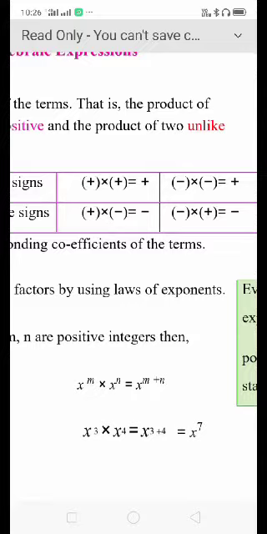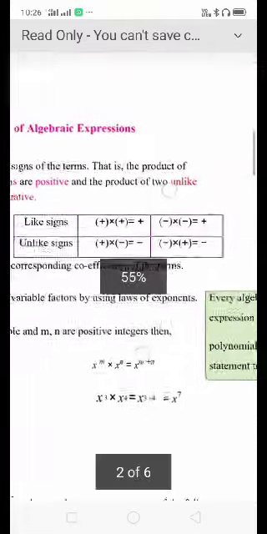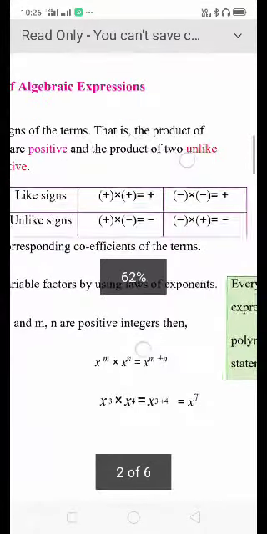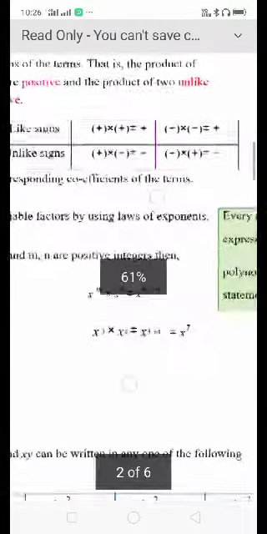Three rules you have to keep in your mind while you are multiplying algebraic expressions. First one, you have to multiply the signs. Second one, you have to multiply the constants. Next, you have to multiply the variables. Okay? The terms may be like terms or unlike terms, but when you keep these three rules, you will get the correct answer for your multiplication question.